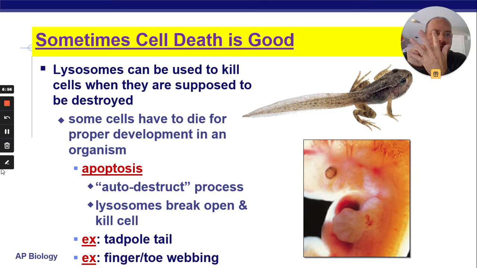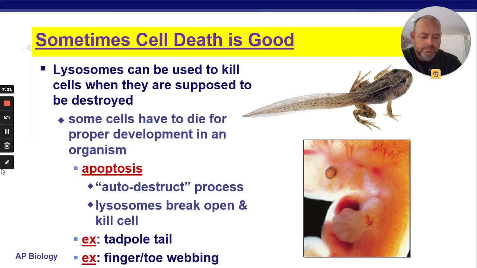We all have a little bit of webbing down here, some people more than others, but all the webbing that was in here gets chewed out by apoptosis, forming the digits. It happens with our hands and feet: we start off with a lot more webbing than what we end up with, and apoptosis takes care of that.